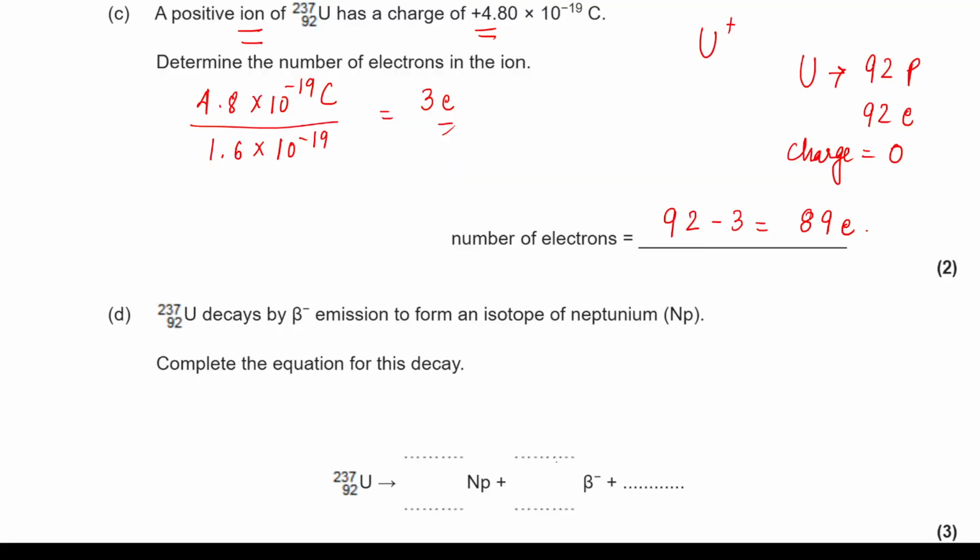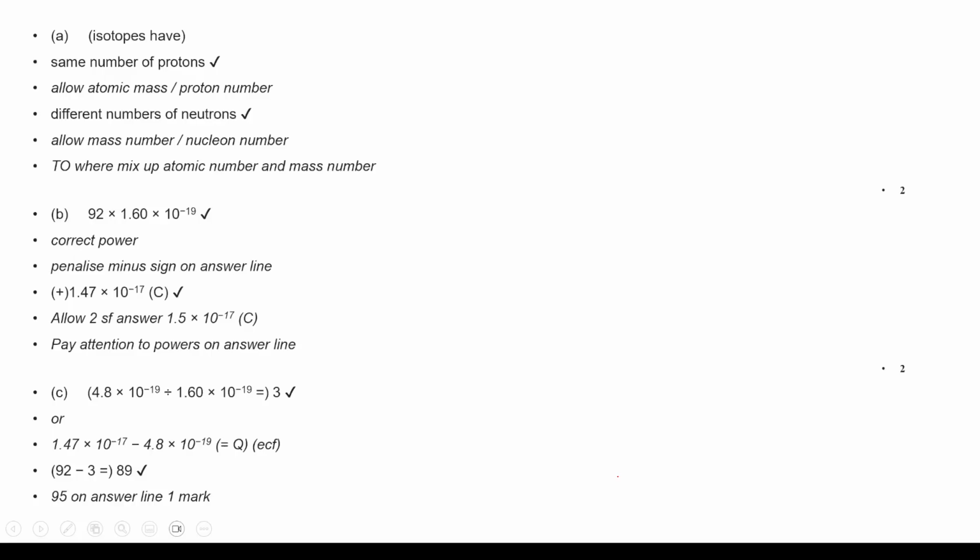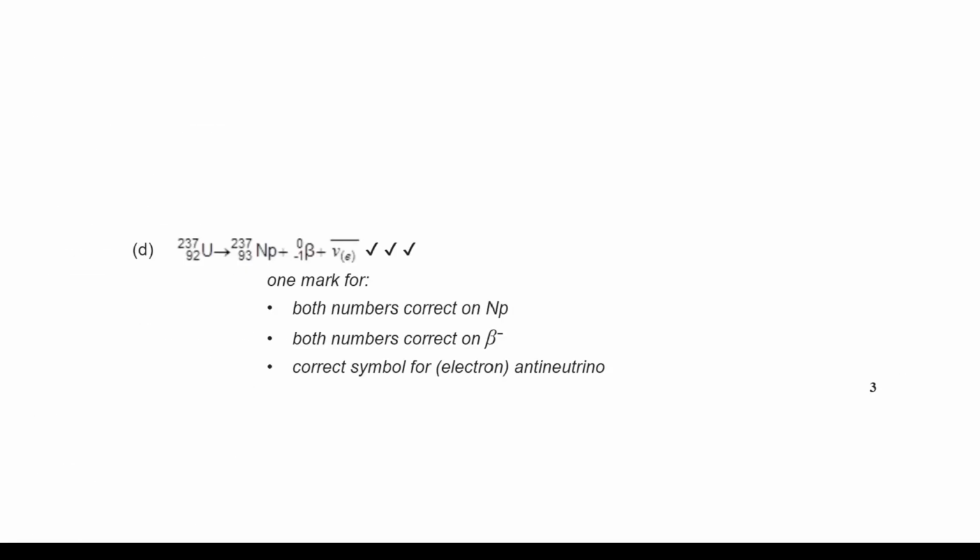Whenever a beta minus comes out, an electron comes out, so this becomes 93. This remains 237. This one has a -1 here and a 0 here, no mass number, and this one is the antineutrino. All right, so these are the answers.